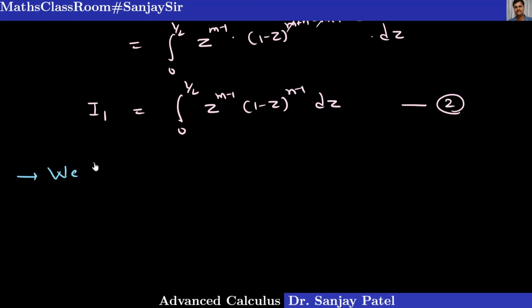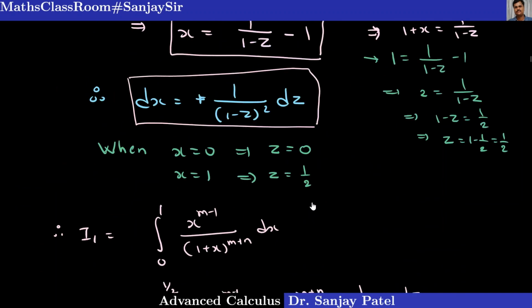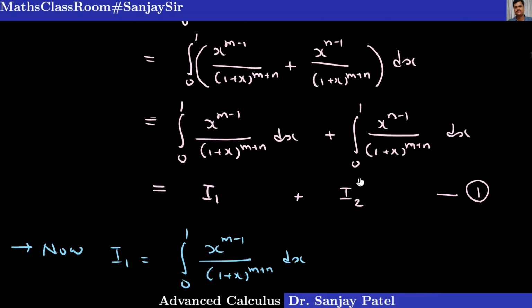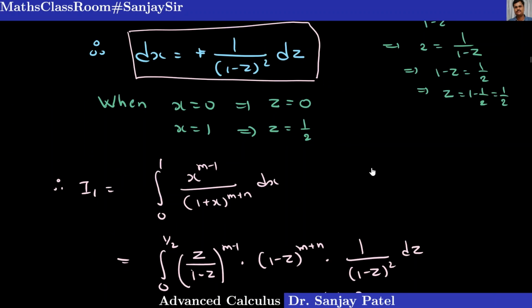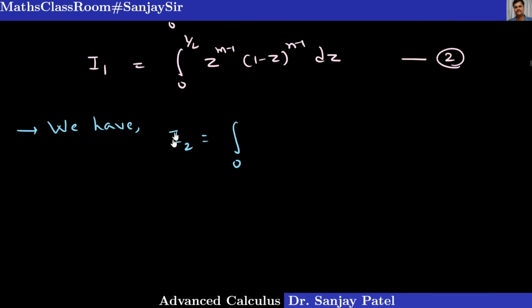We have I2 is equal to integral 0 to 1 x raised to n minus 1 upon 1 plus x raised to m plus n dx.